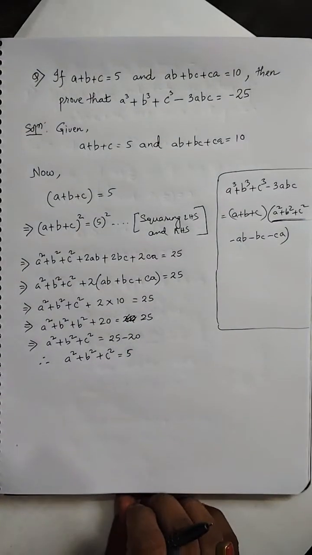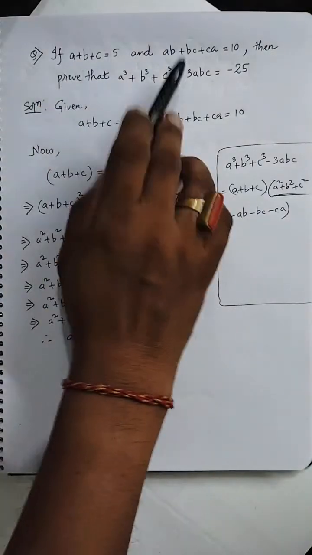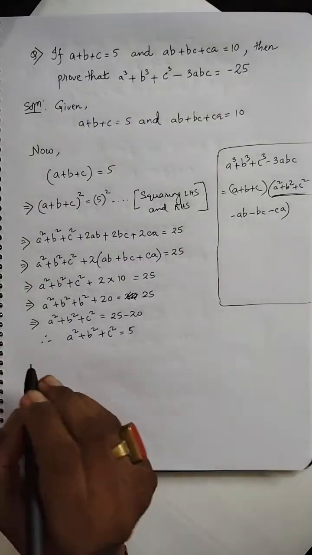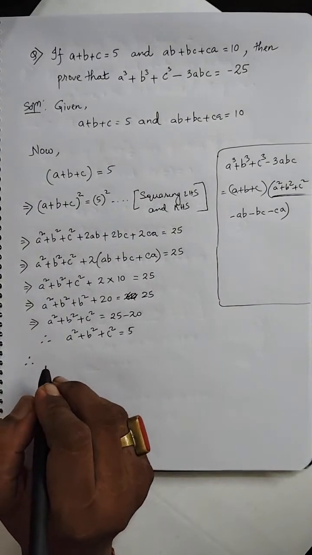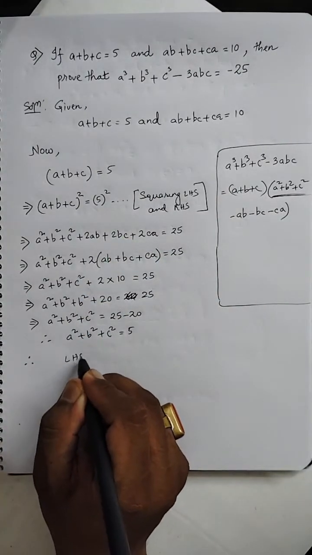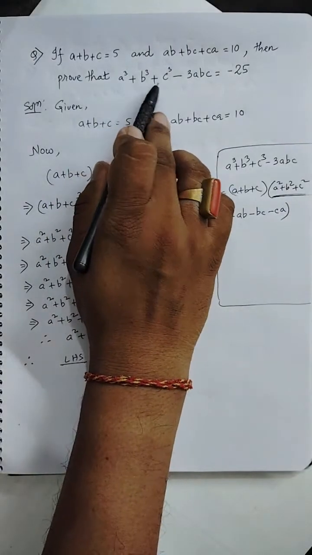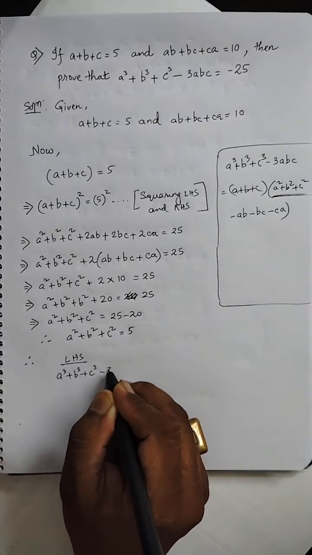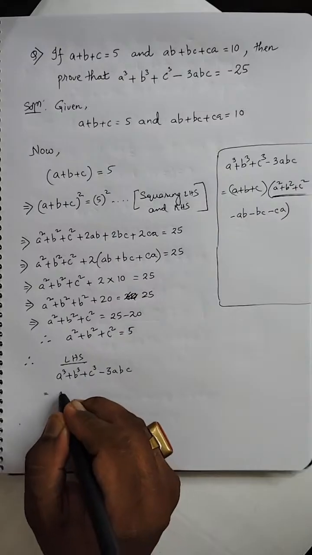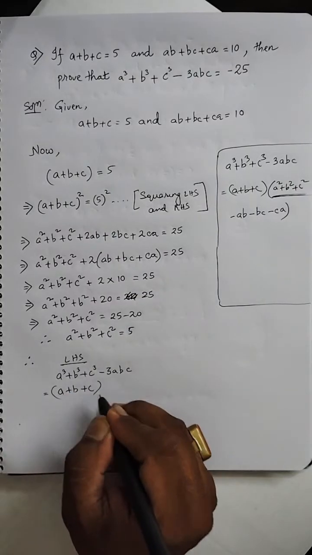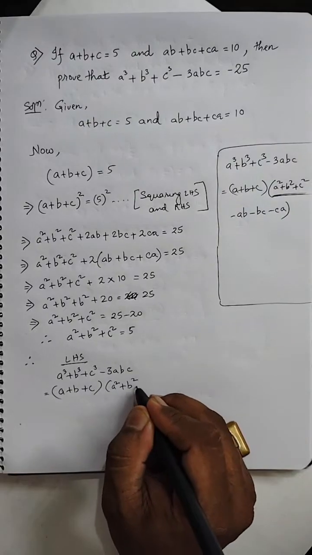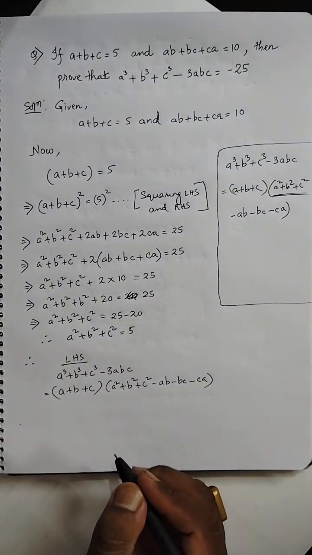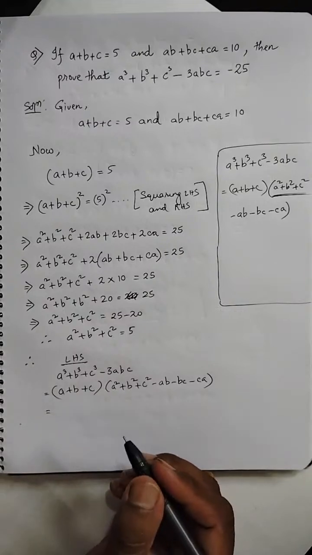Okay, now we have got all the values. We have a plus b plus c, we have ab plus bc plus ca, and now we have a square plus b square plus c square. So therefore now we will move towards the proof. So LHS, what is LHS? LHS is a cube plus b cube plus c cube minus 3abc. So this is equal to a plus b plus c times a square plus b square plus c square minus ab minus bc minus ca. Okay?